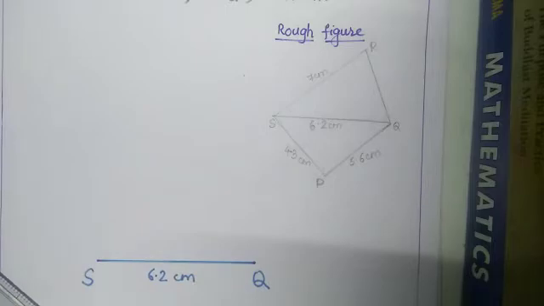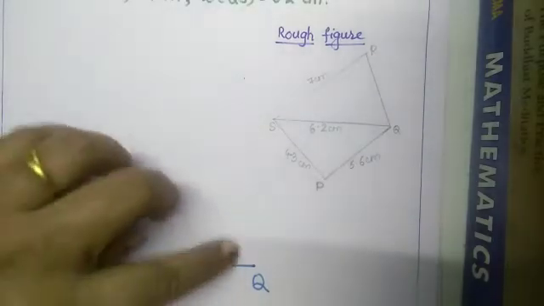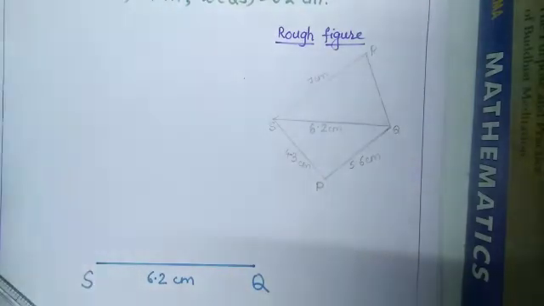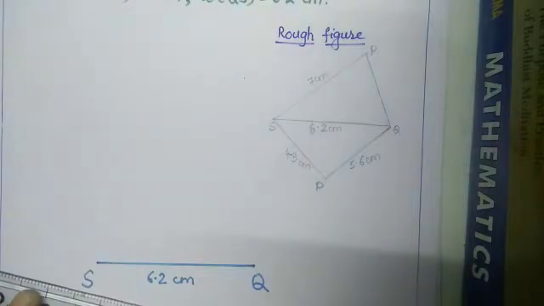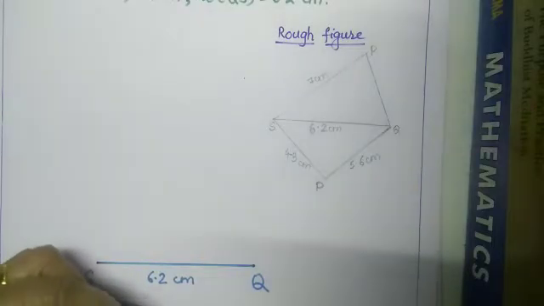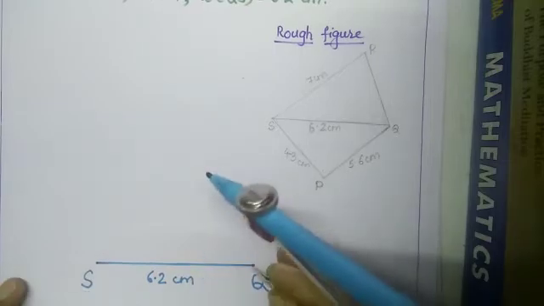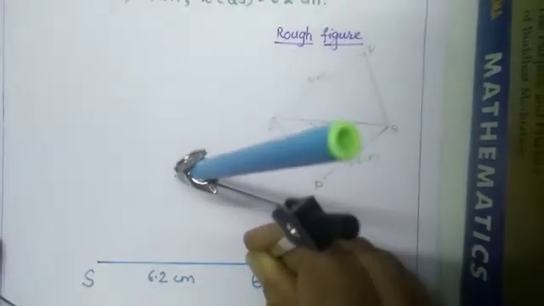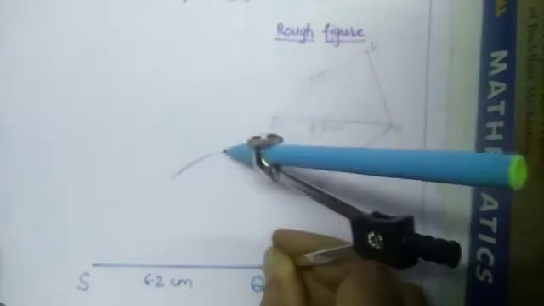And now what will we do? We will draw PQ. PQ is 5.6 cm. So take a measure of 5.6 cm in our ruler and draw one arc over here. On this side draw one arc of 5.6 cm.